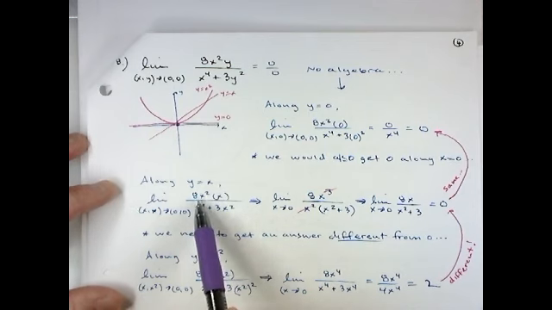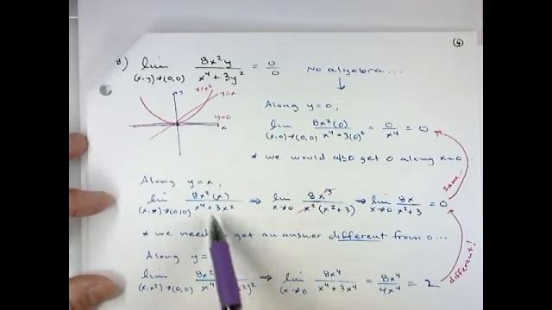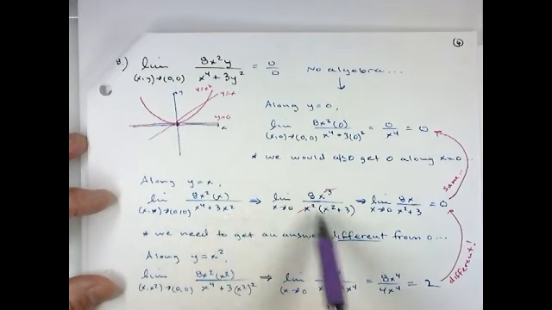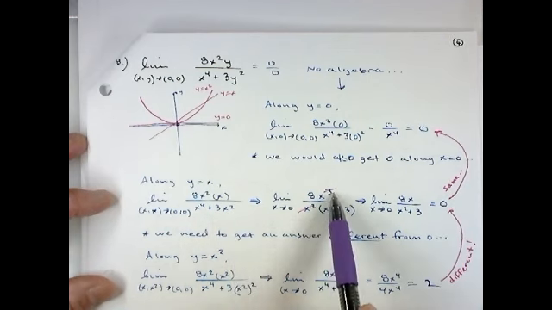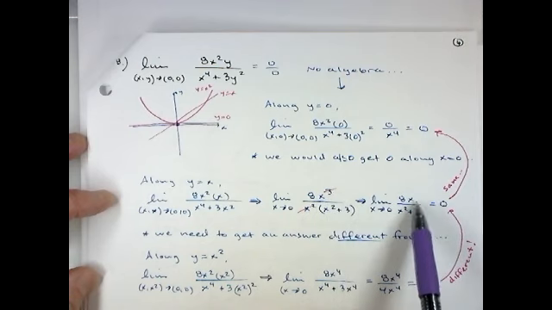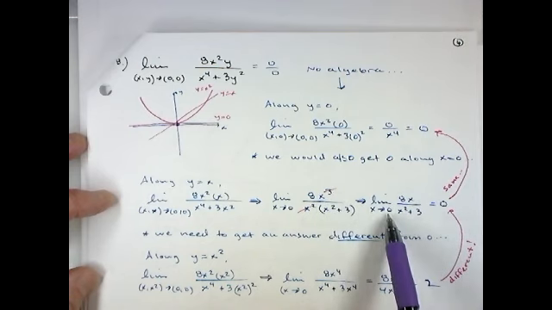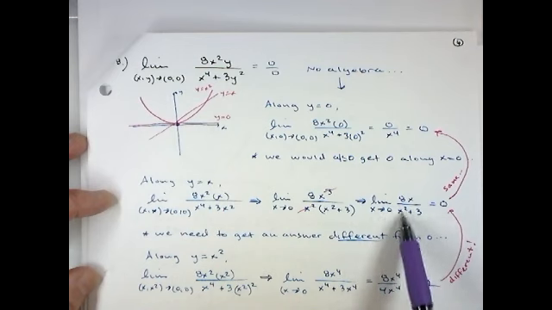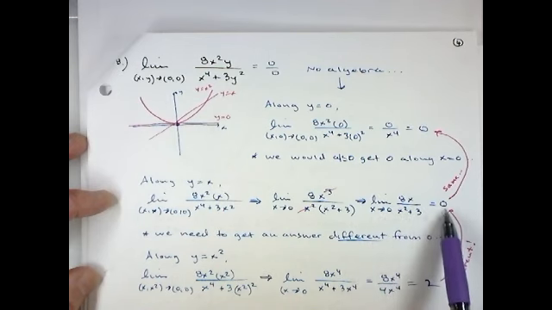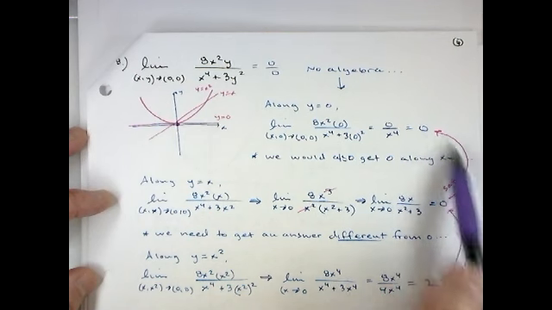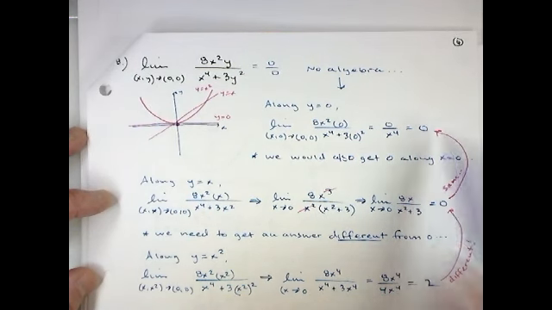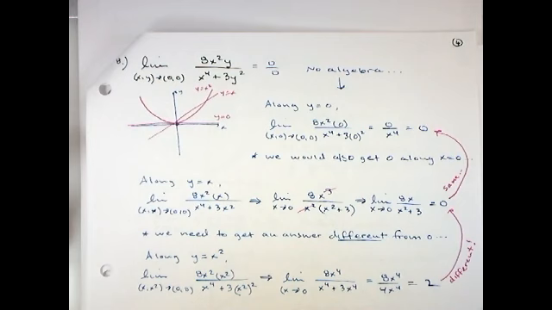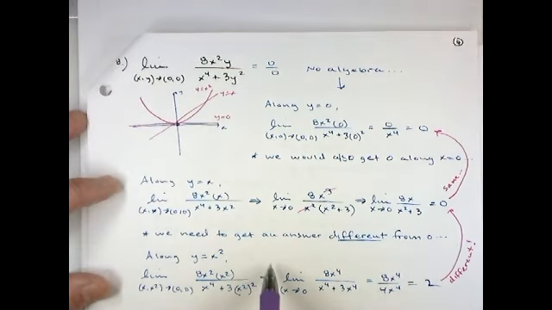If I plug in y equals x, however, I get 8x cubed on the top, x to the fourth plus 3x squared on the bottom. If you factor out an x squared from the bottom, that'll cancel out with 2 of your powers of x. And notice I still have an x on the top, and if I now let x go to 0, I'm going to end up with 0 over 3, which is still 0. And see, that's not helping. I'm trying to get something different than 0. So we need a different path.